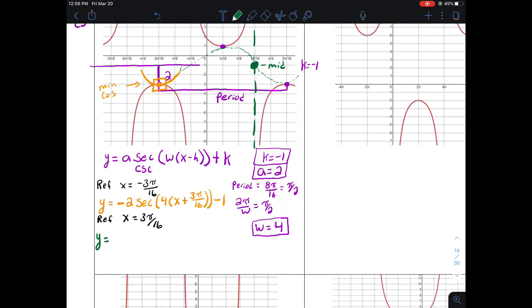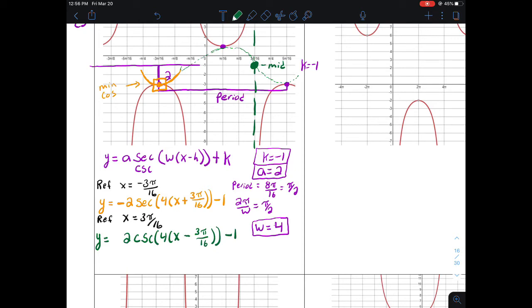So I'm going to go ahead and start writing y equals 2 cosecant of w times x minus the reference x value, the x value we're using to construct our equation, so it'd be x minus 3 pi over 16. And then minus 1 on the end.